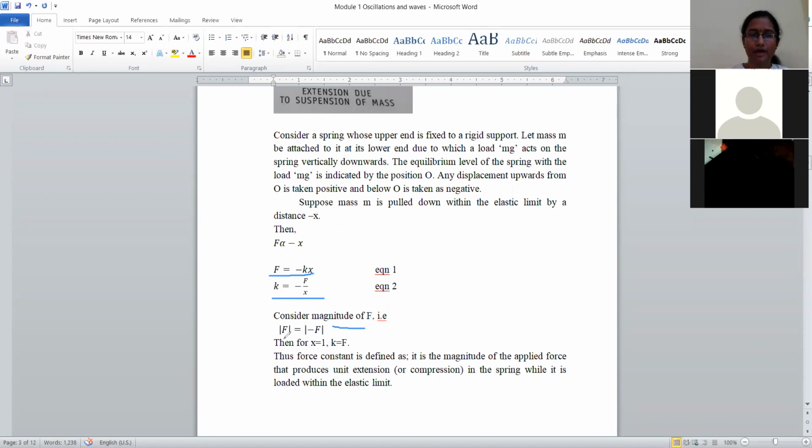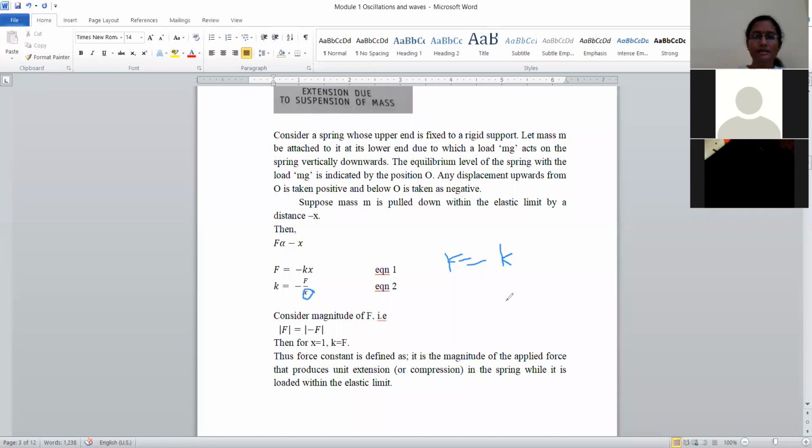So the magnitude of F is plus F. So when x equals 1, see here in this equation, we have K equals F. When x is 1, then F is equal to K. This is the condition when x is equal to 1.